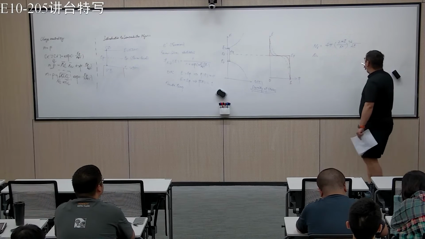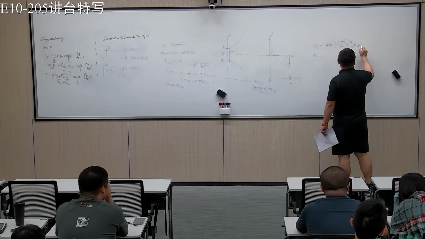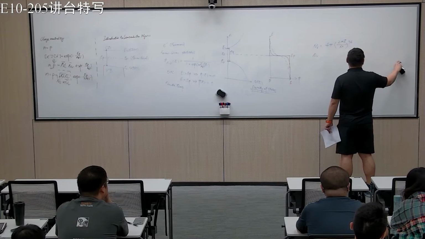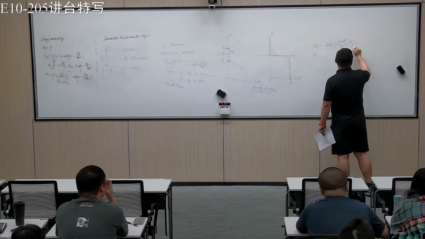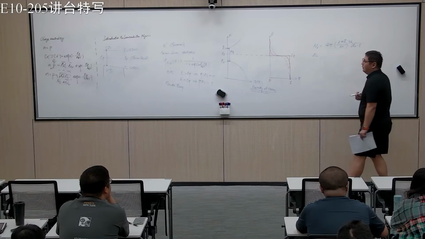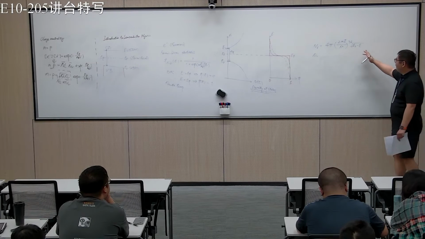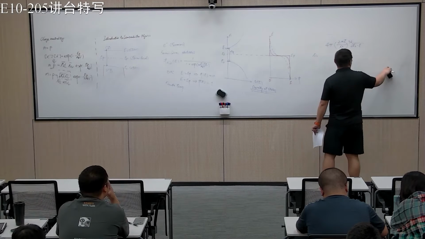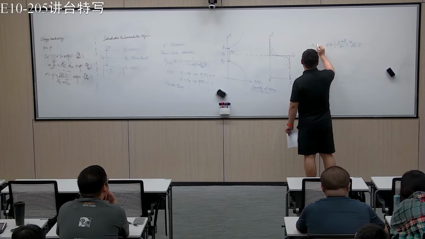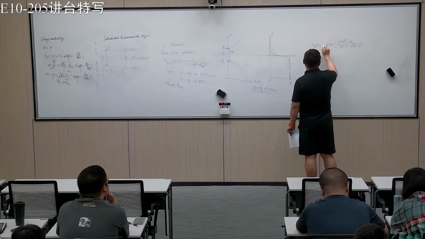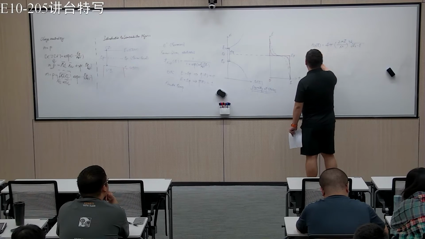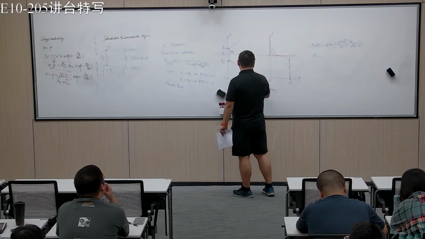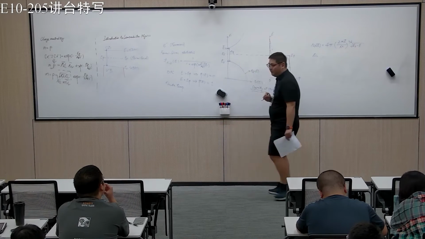So what does that mean? If I plug in E, it's a function of E. So this is basically NV(E).